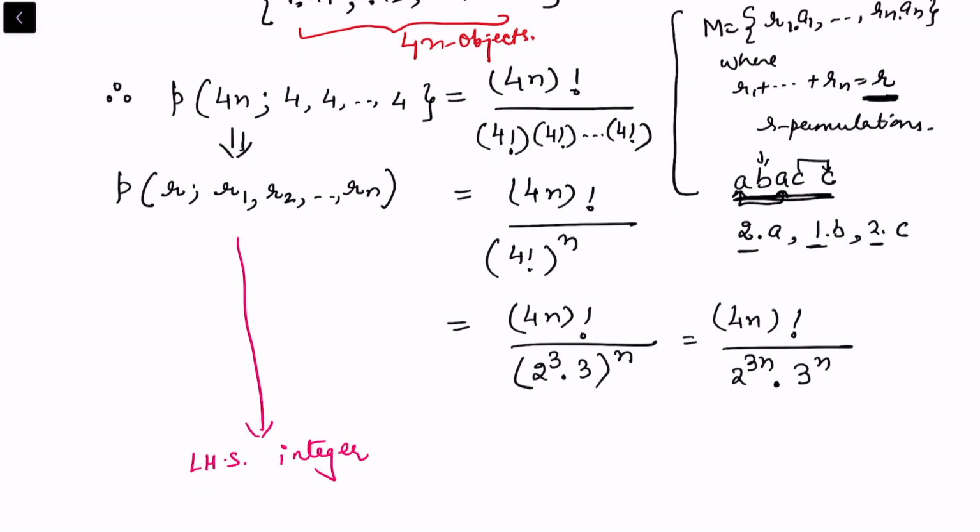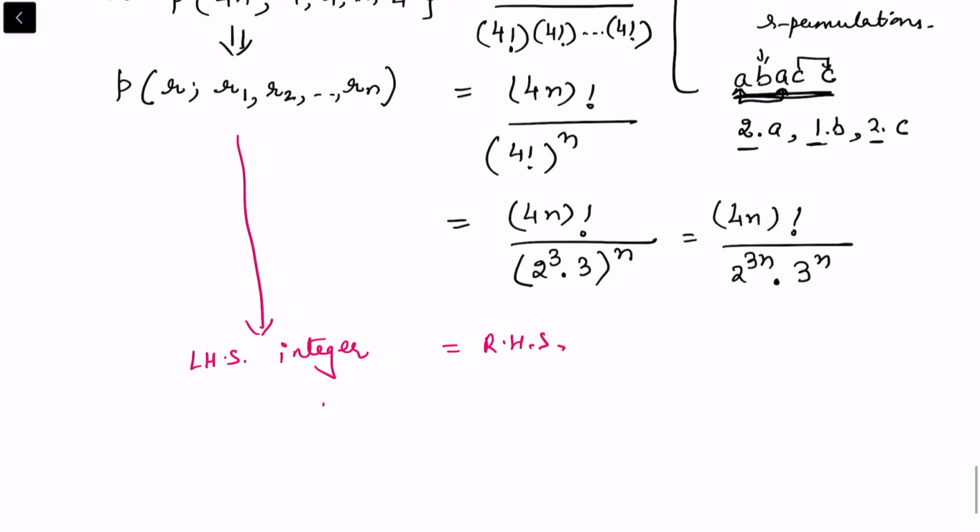And so obviously the right hand side ensures that 4n factorial is a multiple of 2 to the power 3n into 3 to the power n. So this is what we get. This is the desired result we wanted to prove.